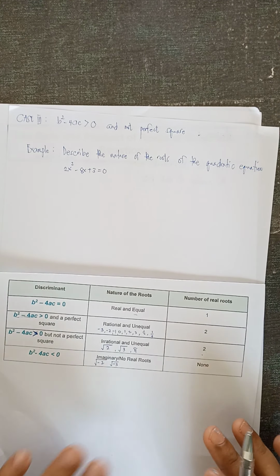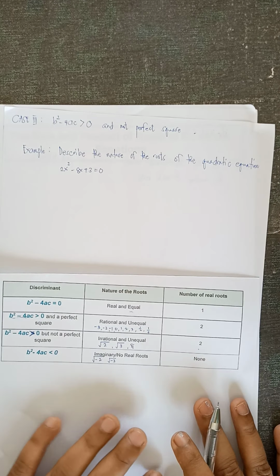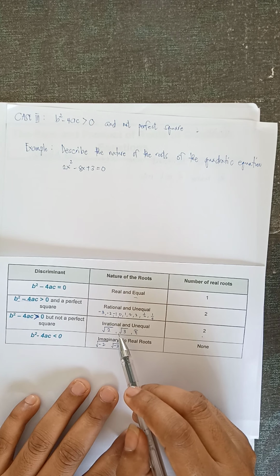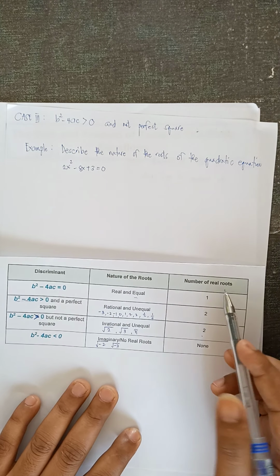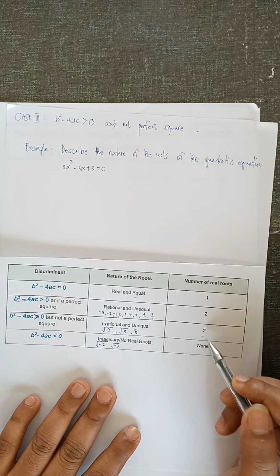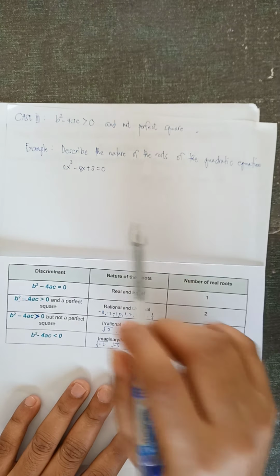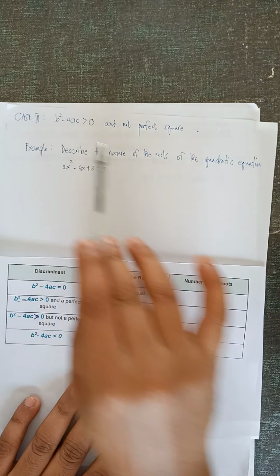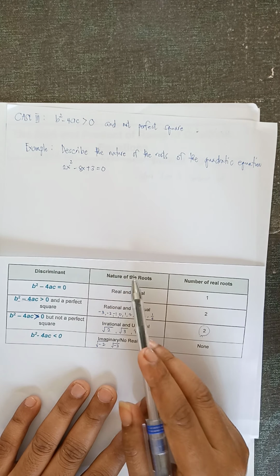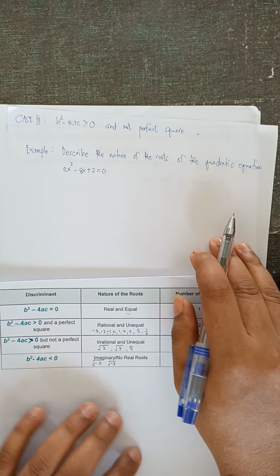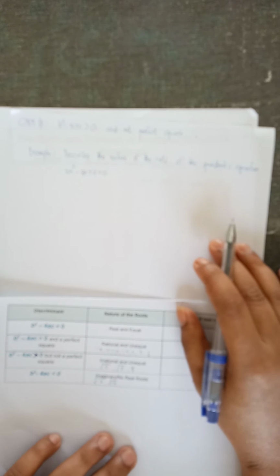So if it is not a perfect square, our discriminant is greater than 0, so the nature of its roots are irrational and unequal, and the number of roots is two. Okay, if the discriminant greater than 0 is not a perfect square, the nature of the roots is irrational and unequal. So let's try to look at the example.